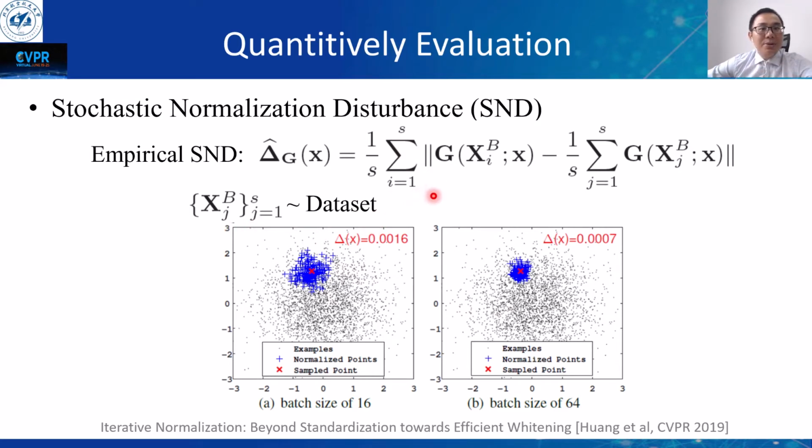HND can be used to evaluate the stochasticity of a sample after the normalization operation. Here is the illustration of HND with different batch sizes. We sampled 3,000 examples, black points, from a Gaussian distribution, and show a given example X, here the red cross, and its outputs, here the blue plus sign, when normalized over different sample sets Xb.